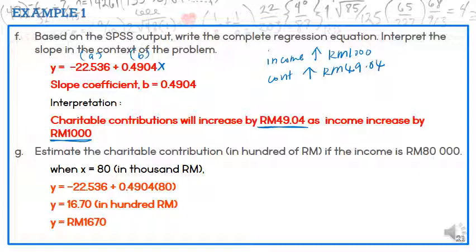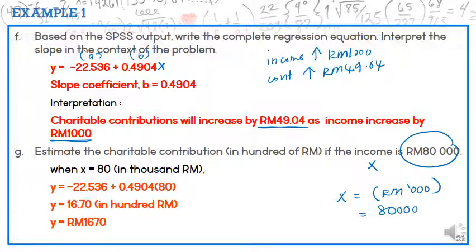Last one. Estimate the charitable contribution in 100 if income is 80,000. Income is your X. Okay, so X awak RM 1000. So kalau dia kata 80,000, 80,000 ini bersamaan dengan 80,000.